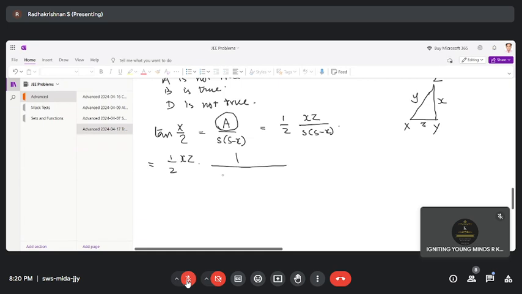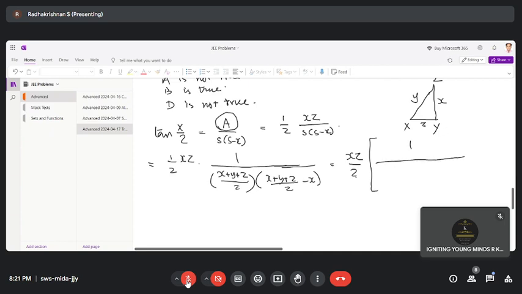I am expanding S here: (X plus Y plus Z) by 2, into, minus X. The numerator X into Z by 2 we can keep as it is. So the denominator now becomes: this one we keep as it is, (X plus Y plus Z) by 2.